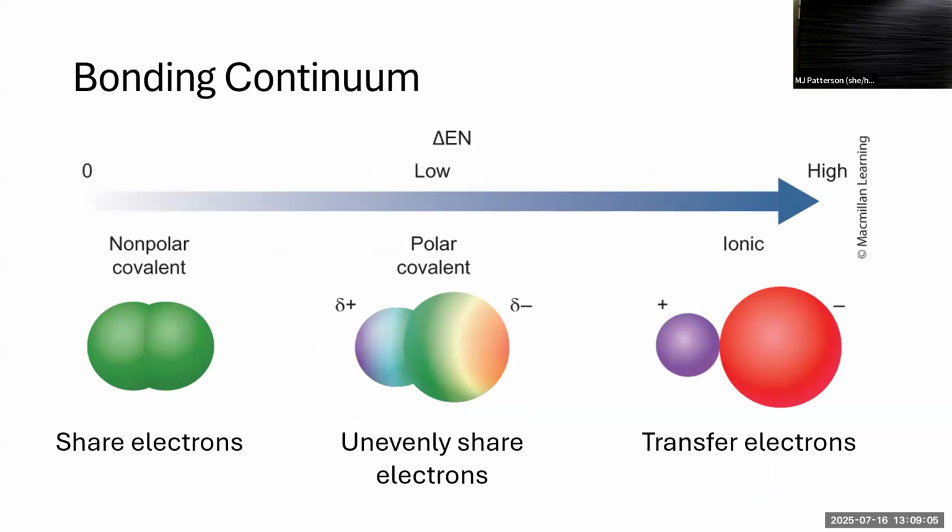On this concept of bonding, we were talking about ionic bonding and covalent bonding, which are the 2 extremes, right? We've got ionic bonding over here and covalent bonding over here. We've been talking about sharing electrons versus transferring electrons, but there's another possibility that lies in between, which is unevenly sharing electrons.